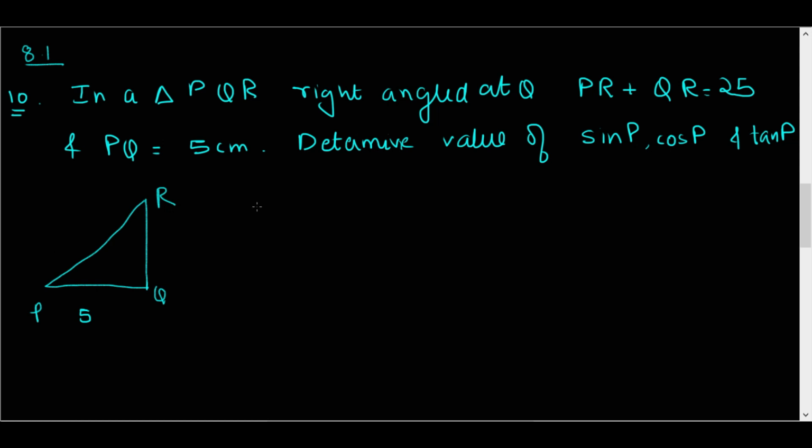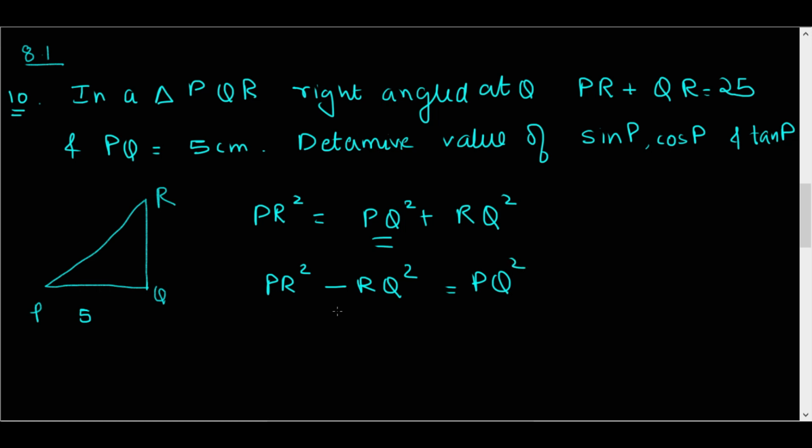Now guys, do you agree that by Pythagoras theorem, PR square is equal to PQ square plus RQ whole square? So here I have the value of PQ. I'll shift everything to the other side. So PR square minus RQ square equal to PQ square. Again, this is of the form A square minus B square, which can be written as A plus B into A minus B, equal to PQ square.